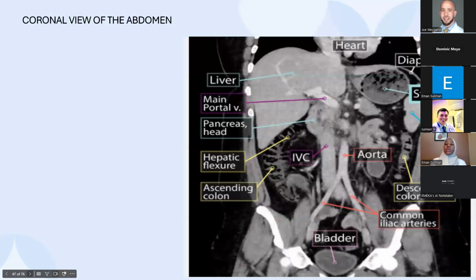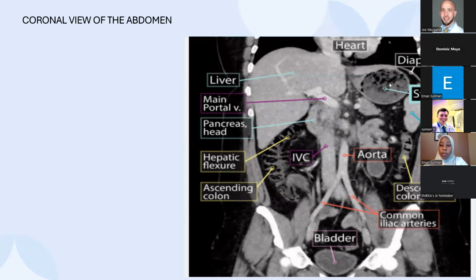And this structure here on the very left is the spleen. Okay, this is a coronal view of the abdomen on a CT. On the right side here, we have the liver, and this is the portal vein that goes inside the liver and then continues as the inferior vena cava, and then goes into the right side of the heart. And here we have the inferior vena cava and the aorta.